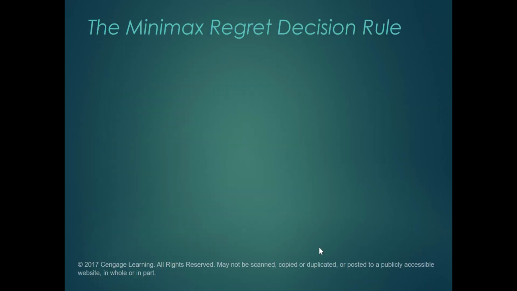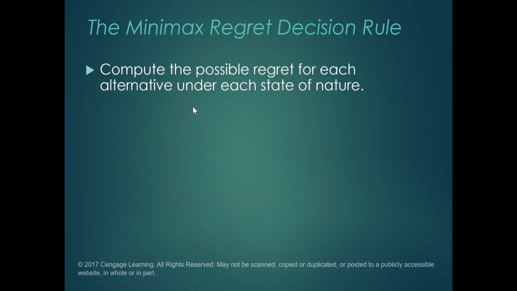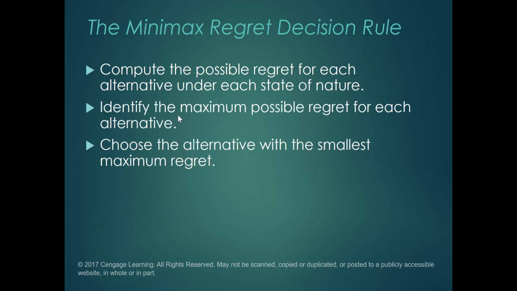So in summary, in minimax regret we compute the possible regret for each alternative under each state of the nature. Then we find the maximum possible regret for each alternative. Then we choose the alternative which has the smallest maximum regret.